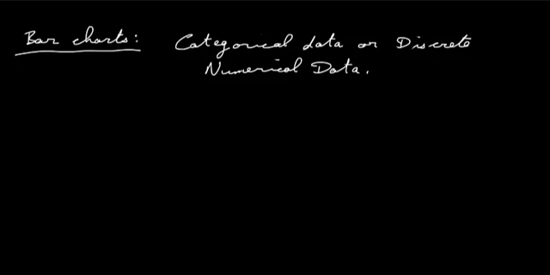Now, you can use line plots to represent data that's categorical or discrete numerical, but usually you would only use line plots or dot plots when you've got small amounts of data. Bar charts, on the other hand, can be used for large amounts of data.